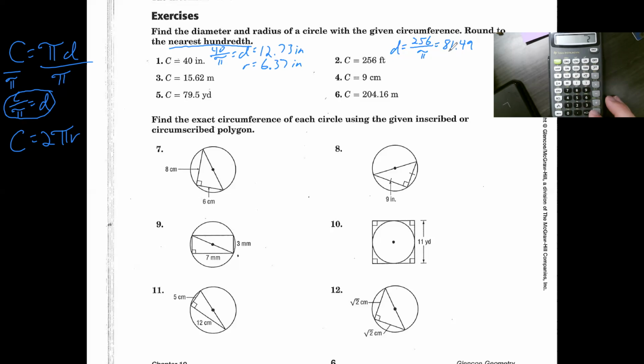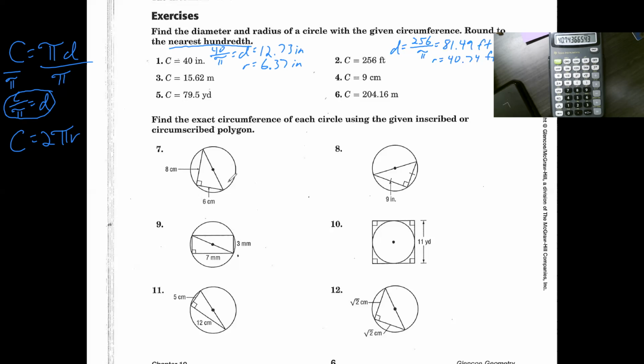So divide that in half, divide that by 2, and we get our radius is 40.74. Both of these are in feet, so I should include those units. Feet and feet. If your problem has units, always make sure you include those.